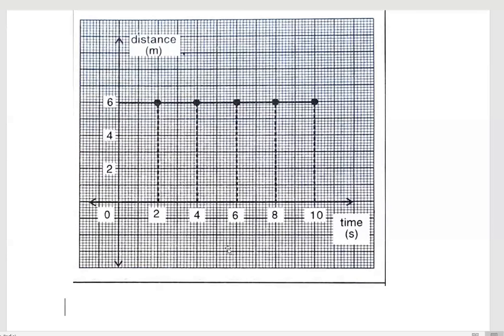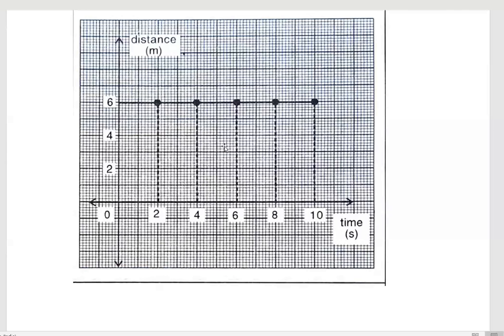Now, as you can see here, at 2 seconds, the object is at 6 meters. So, this point represents 2 seconds and 6 meter distance. This point represents that when it is 4 seconds, the object is at 6 meters again.